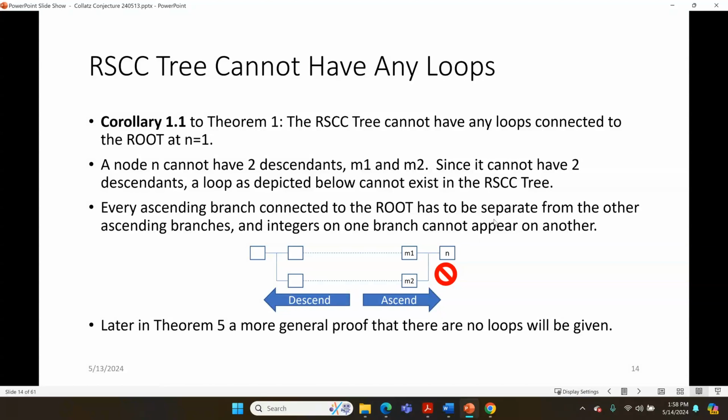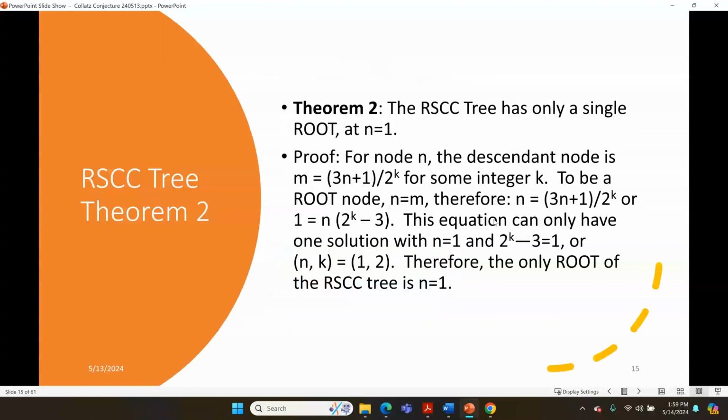This brings us to theorem 2, that the tree for the reverse simplified Collatz conjecture has only a single root at n equal 1. So again, we prove this by applying the descendant equation to determine the descendant of a node m equal to (3n plus 1) over 2 to the k.